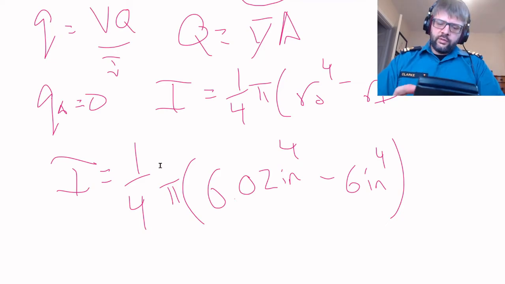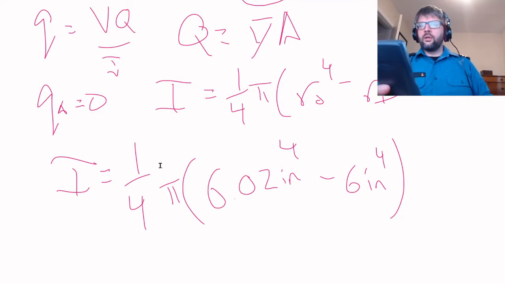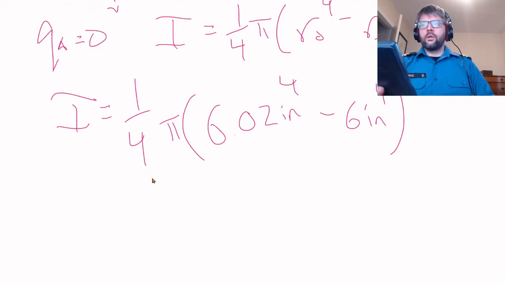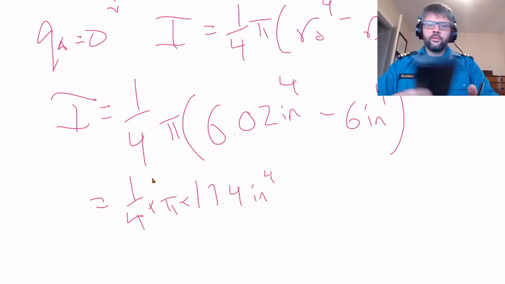So let's see, 6.02 to the power of 4 minus 6 to the power of 4 is 17.4 inches to the 4th.